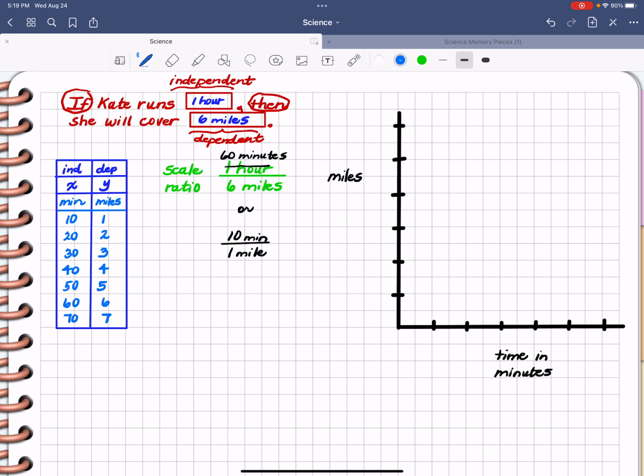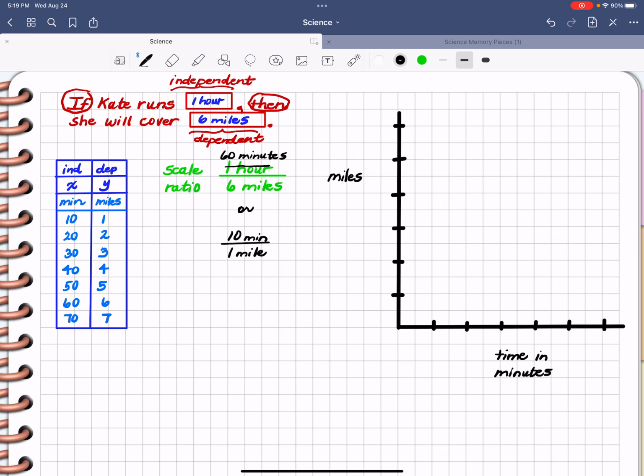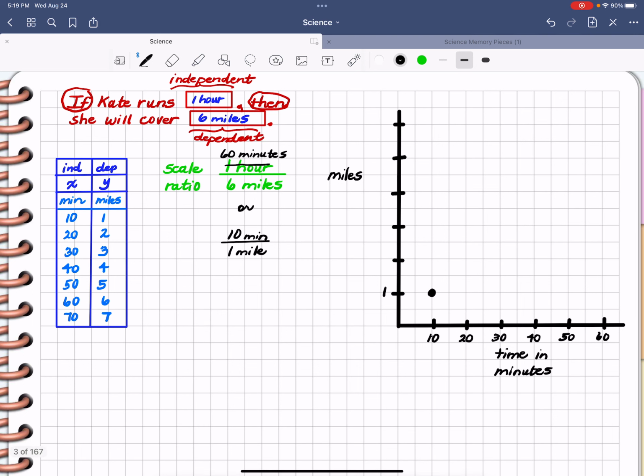So then I would come back to my graph and actually graph this set of data. So I have time in minutes, 10 minutes, 20 minutes, 30 minutes, 40 minutes, 50 minutes, 60 minutes. There's that hour that we were originally talking about. In 10 minutes, she covers 1 mile. Now, I would also stop and ask the students, if she doesn't run any minutes, does it make sense that she covers no miles?